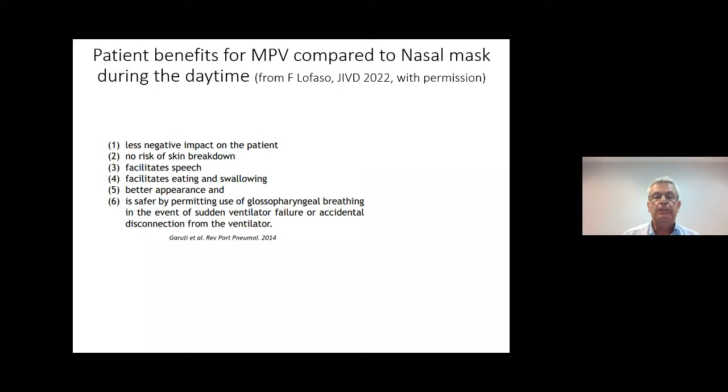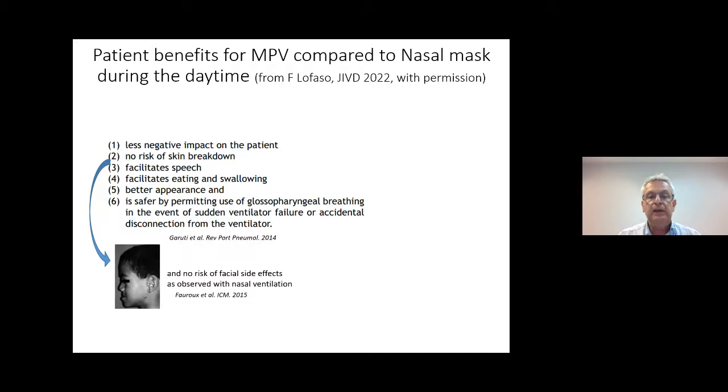Quickly, patient benefits of the mouthpiece compared to the nasal mask during the daytime. There is less negative impact on the patient and also no risk of skin breakdown that we can see during the night time. Also shown by Brigitte Fauroux, there are fewer problems of facial deformities. There is also better speech.